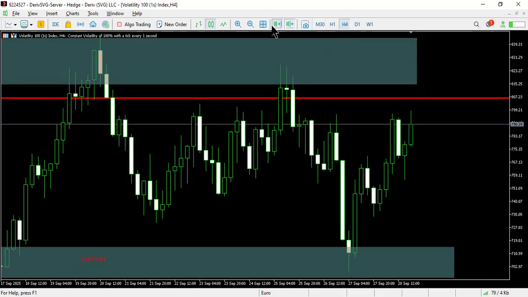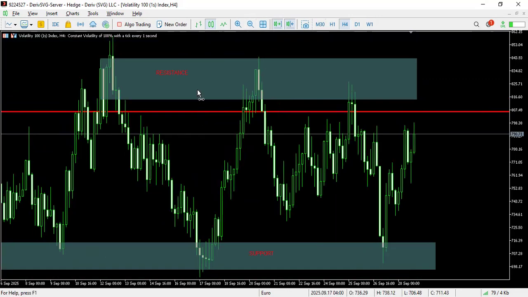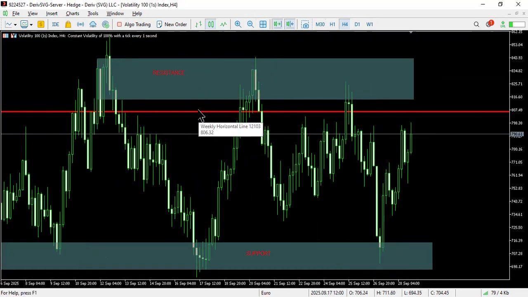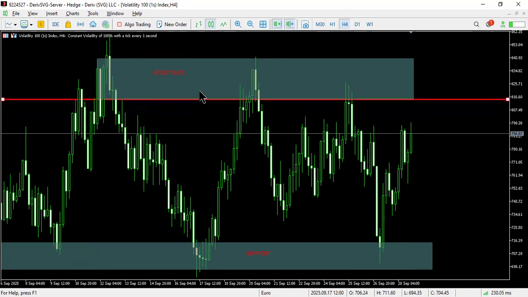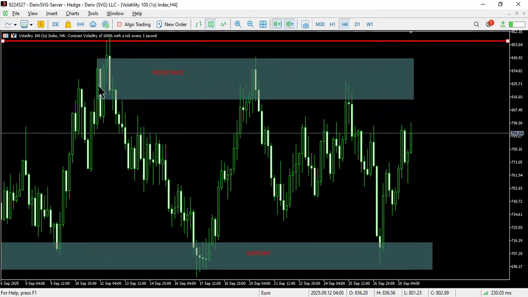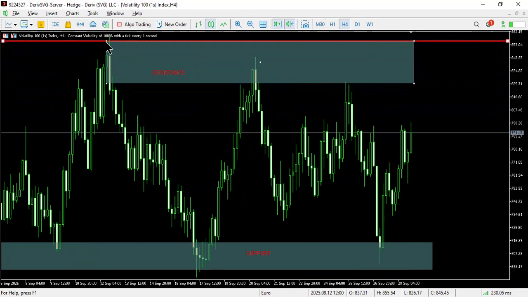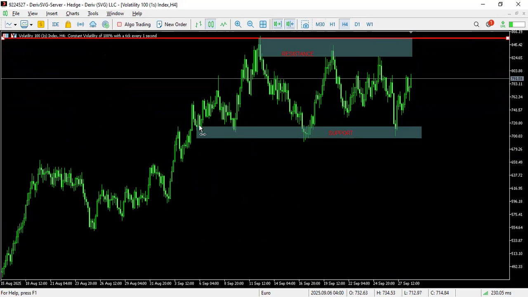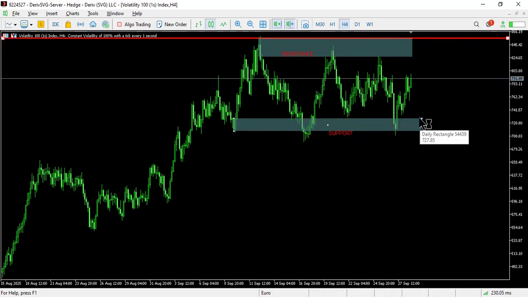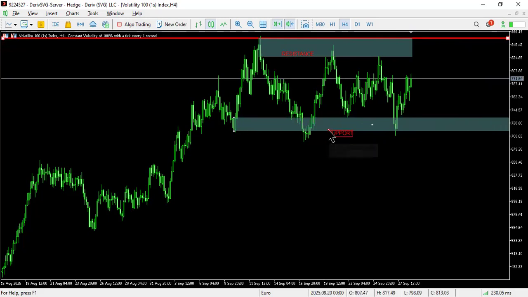We go to the 4 hours time frame. From the 4 hours time frame, we can adjust that resistance level where price is bouncing off it, and then this support level, we can adjust it to that level, like that.